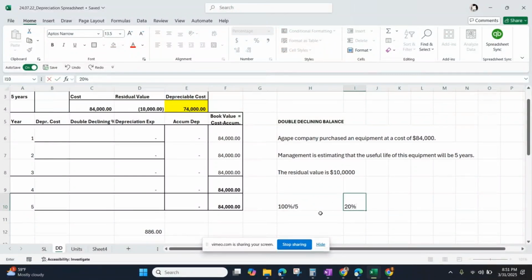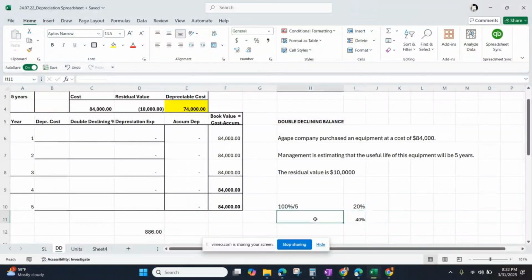Then we multiply that rate by 2. That's why it's called double declining. You double the rate. This is the rate that we used during the calculation of the straight line depreciation expense. Now we double it and we get the double declining rate.